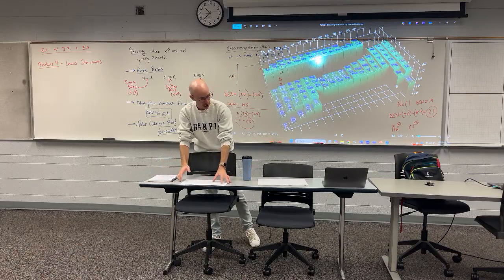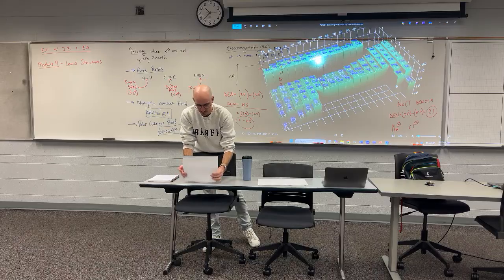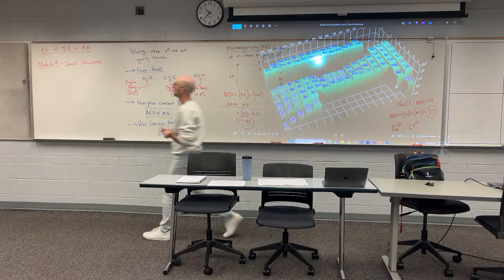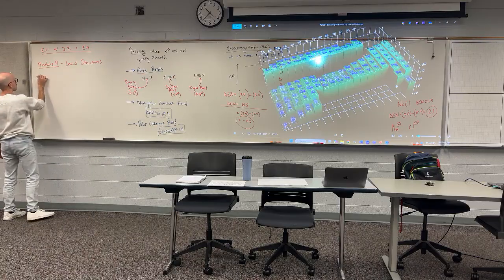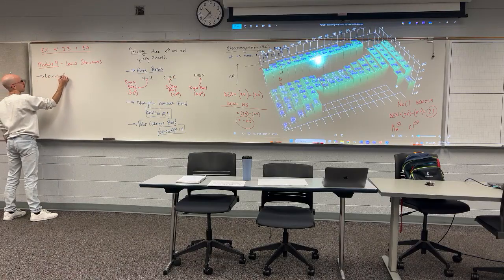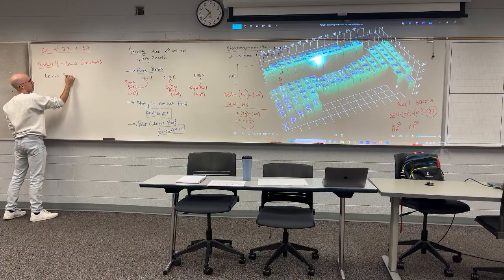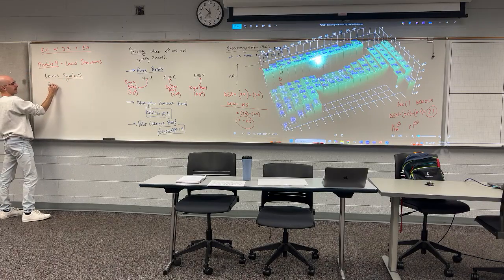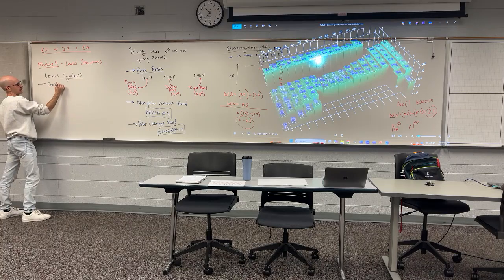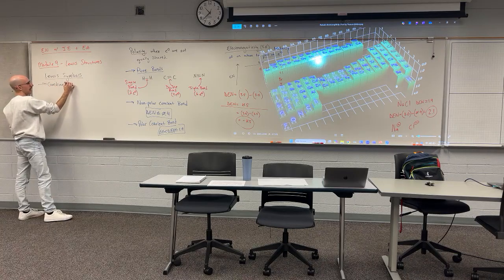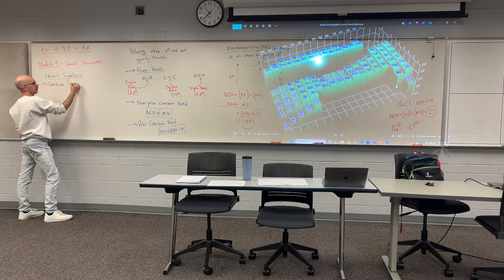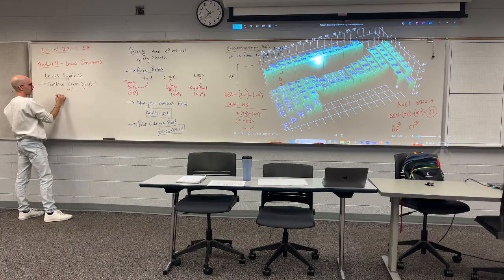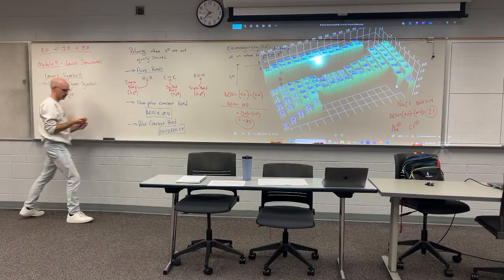First of all, we're going to start off with Lewis symbols. Lewis symbols are actually pretty easy. We combine the elemental symbol, the chemical symbol, with valence electrons.